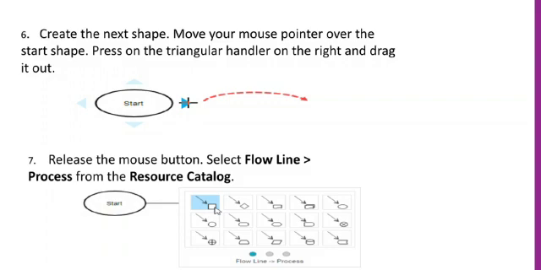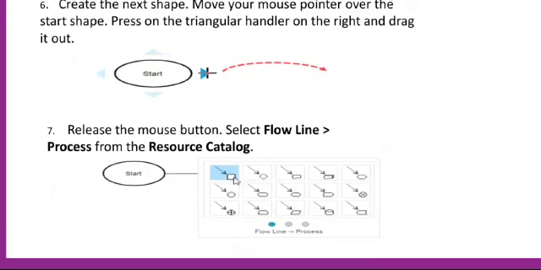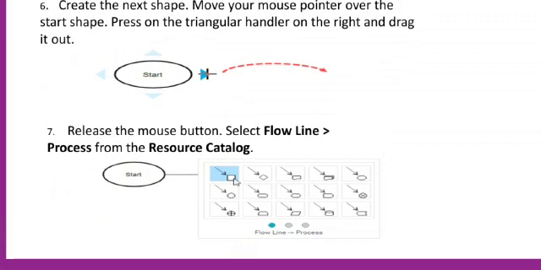Drag it, and when you release the right click, we will get different shapes. Select the flow line and then the process symbol from this resource, which we will call the resource catalog.